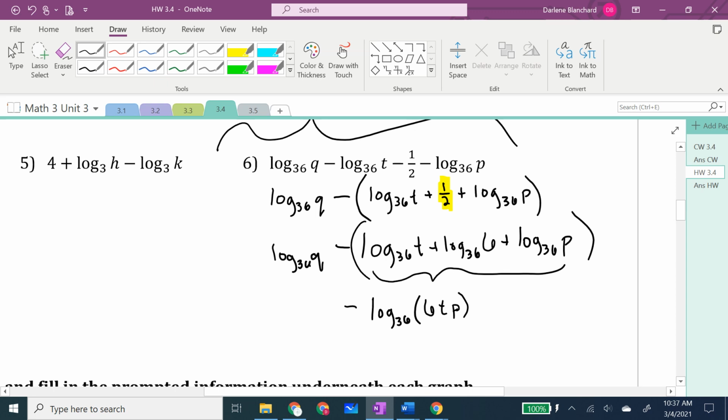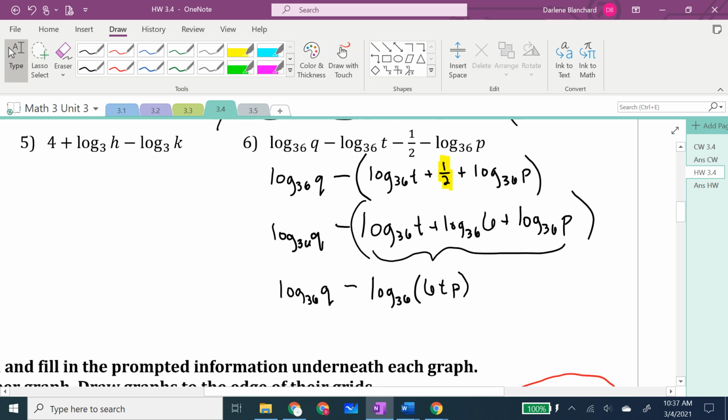that condensed logarithm is subtracting from log base 36 of q. And now I can use the rule of when two logs are subtracting, they condense into a division, where whoever leads the subtraction is the numerator, and whoever is after the subtraction becomes the denominator.